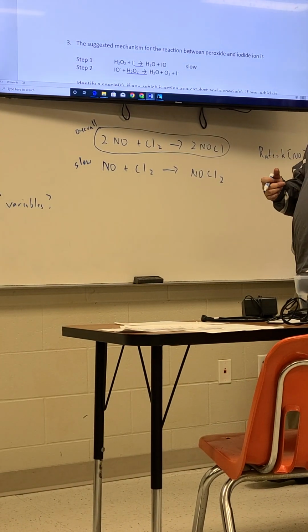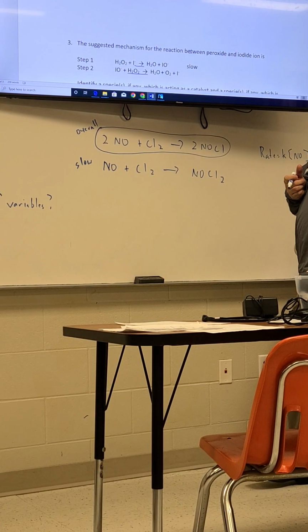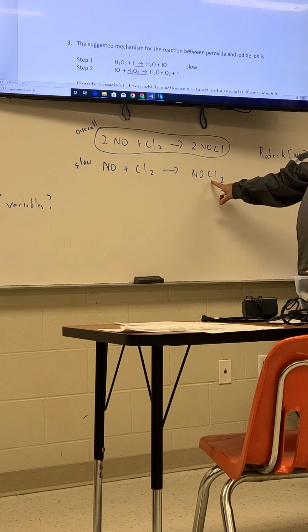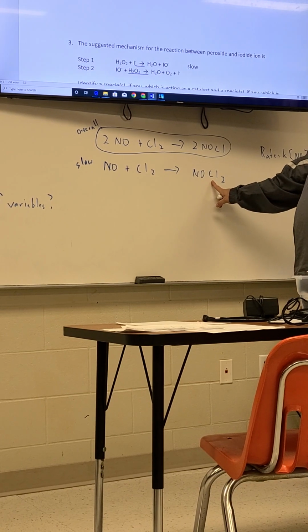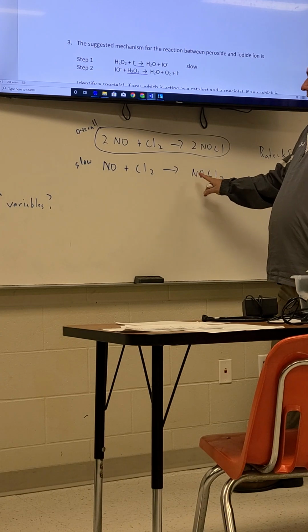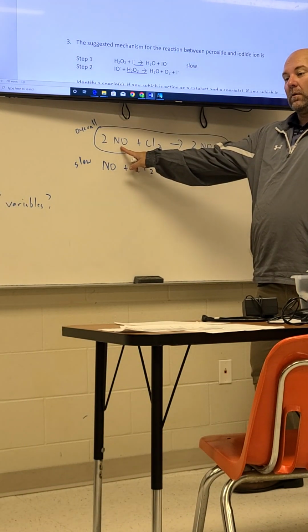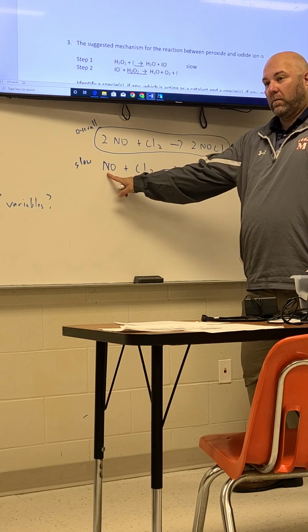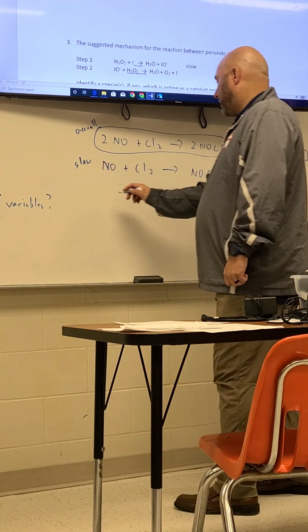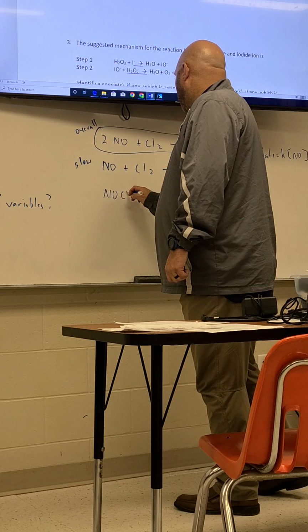Alright, so now we're going to use what we have left. I'm going to take this guy, and I know for my overall I also have an NO left. I've only used one of them. So I'm going to take the NO2.